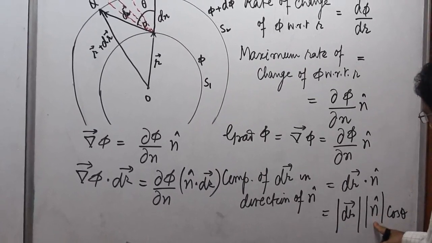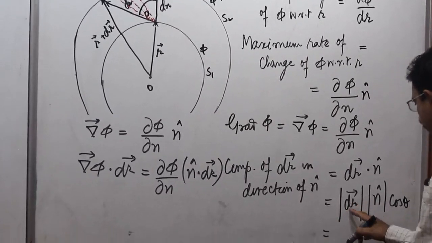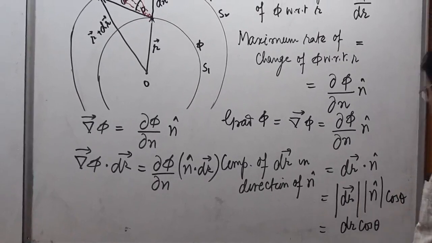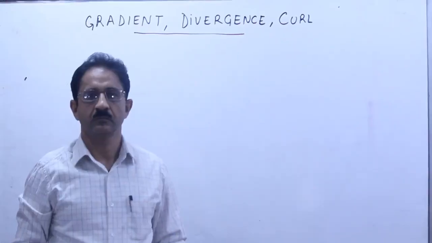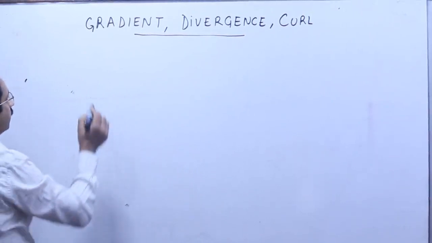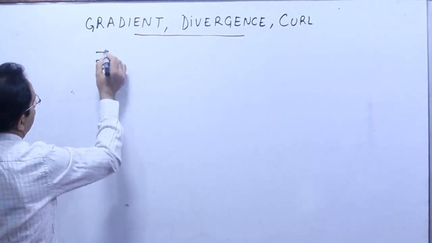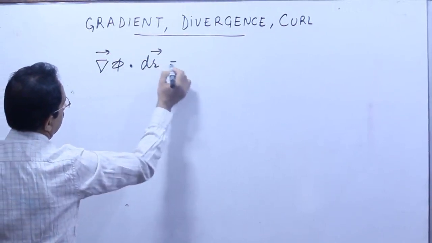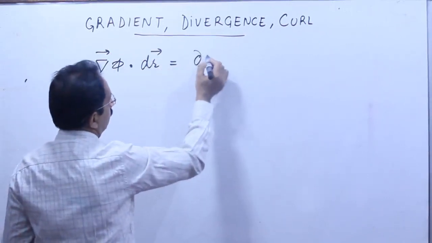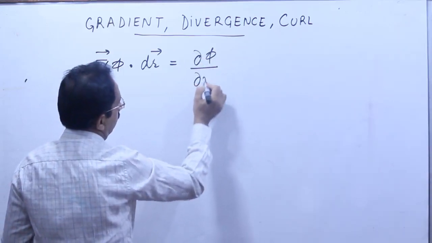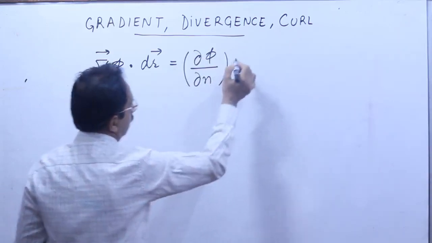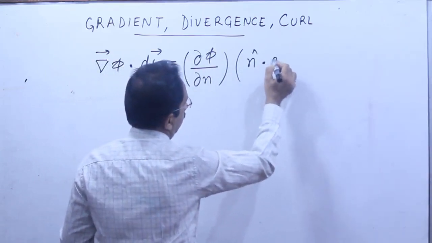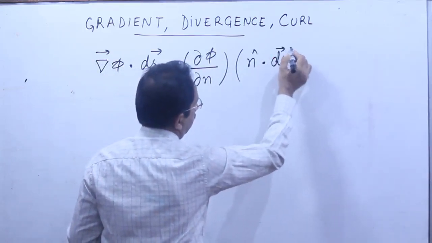The magnitude of n cap is equal to 1, the magnitude of dr is dr, so this will be equal to dr cos theta. So now we have del phi dot dr is equal to dou phi by dou n into n cap dot dr.